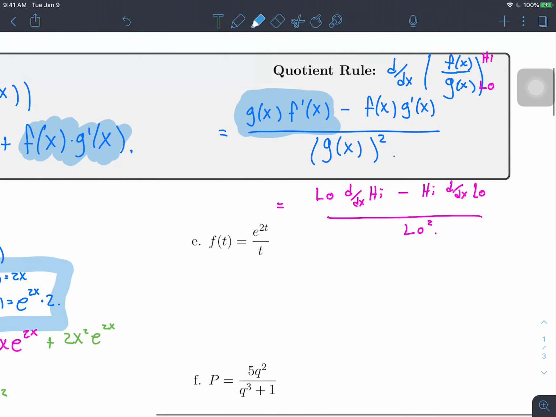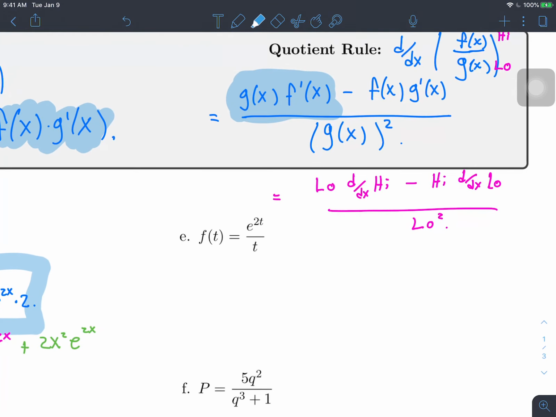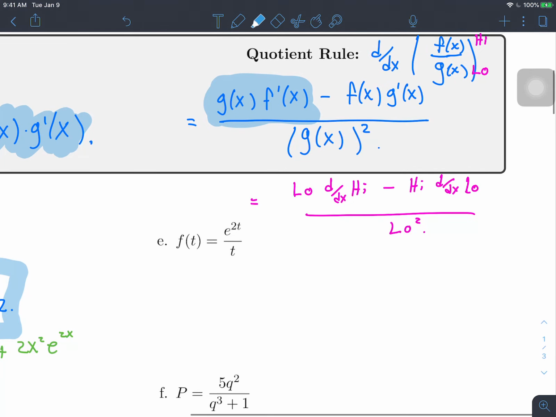All right, let's do a practice problem. So we'll try it out on this function here, which again, I'm going to switch the letter and make this h of t. So I want to say that this is equal to f of t divided by g of t, right? So in particular, f of t is equal to the top function, high.